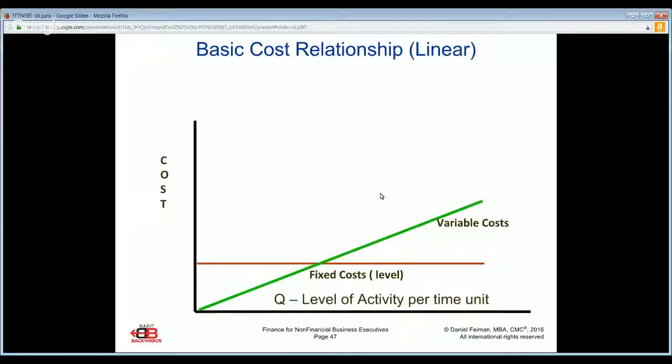So as we move from left to right, our variable cost will increase in total as we produce and sell more units. When we add the variable costs on top of the fixed cost, you can see this diagonal line. This is generally what we see over time when it comes to the relationship between our fixed costs, our variable costs, and our total costs.